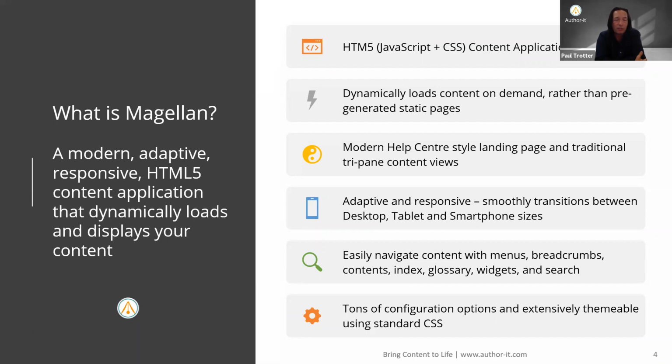And that theming is based on really standards-based CSS that gives you huge amounts of options for how you make the look and feel. Again, we covered all of this stuff off in great detail in our previous webinars. So just jump onto our website and you'll find those webinars there, along with any content that you need to help you go through it.